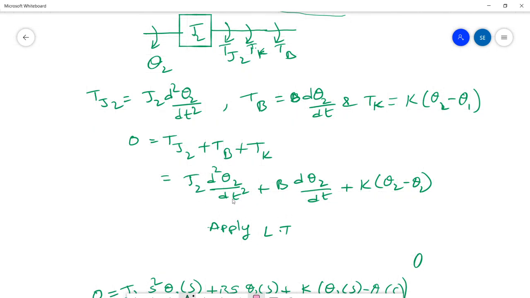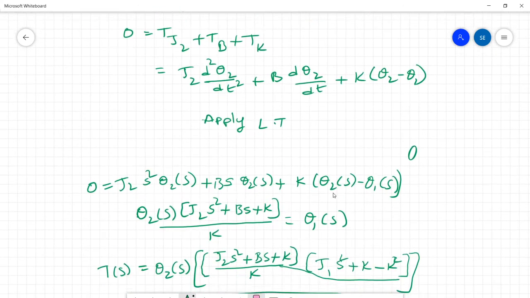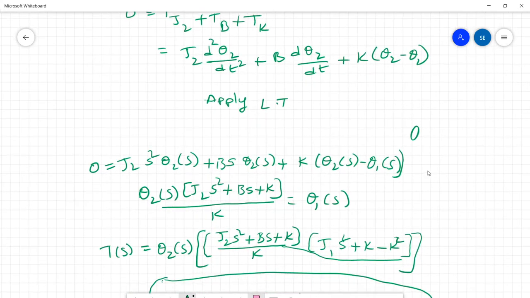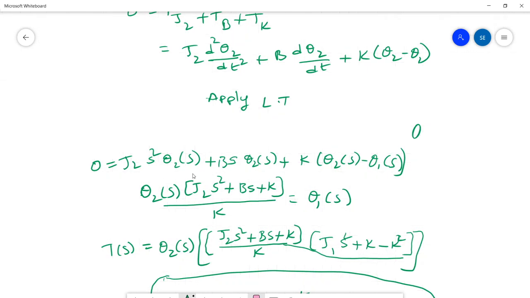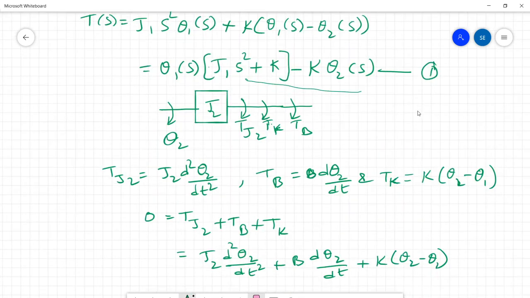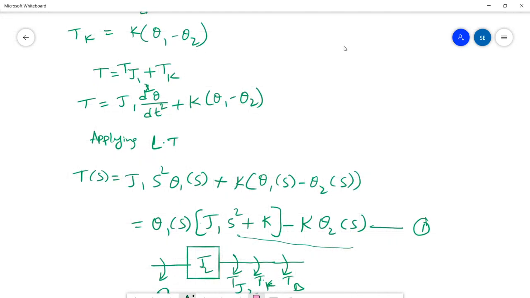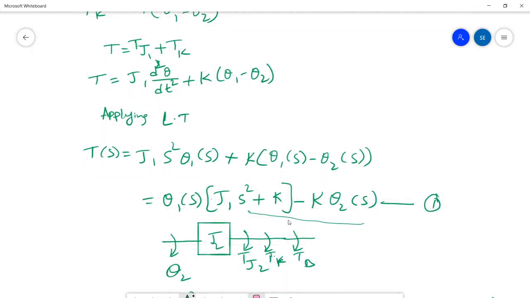Then we write it in terms of all the torque equations, then apply Laplace transform. Once applying Laplace transform, we segregate theta 2 terms and theta 1 terms, and we have to substitute theta 1 in the equation which we got for J1. That is the first equation, equation 1.